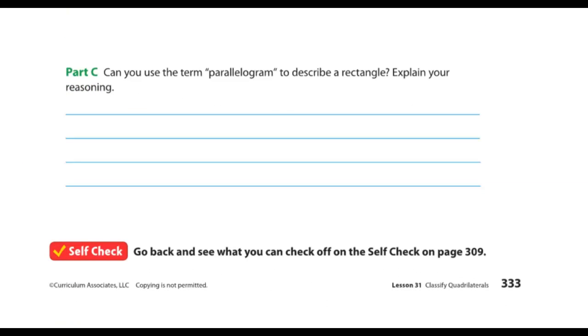Part C. Can you use the term parallelogram to describe a rectangle? Explain your reasoning. And I would like for you to pause and answer that question, and then we will join back together and look at the answer from the book. All right, so yes, according to my teacher manual, all rectangles are parallelograms, so you can use the term parallelogram to describe a rectangle.